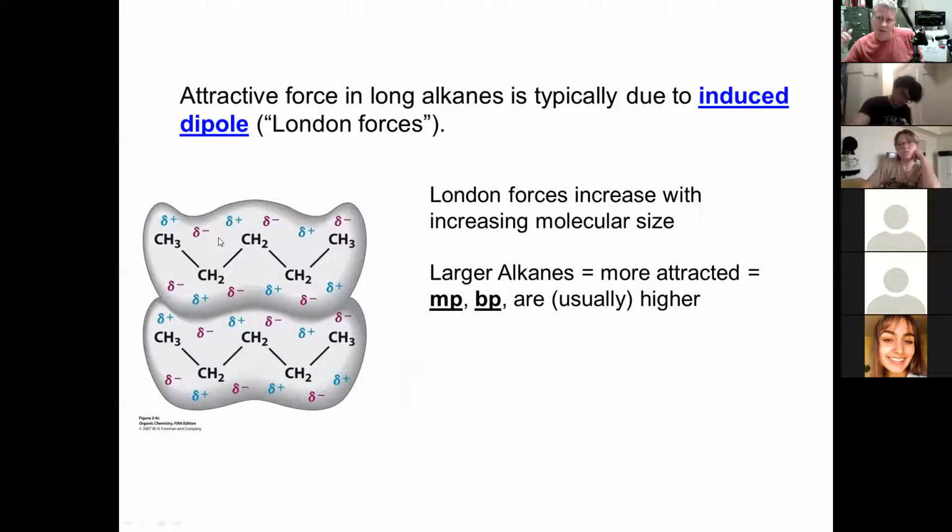And when is this the most profound? If you have a long stringy molecule, right? Lots of atoms in a row, you get more of these. And when is it less profound? When the molecules are branched, like you have all sorts of branching, the molecules then are more of a ball. And a ball type structure has less of this interaction. The best interaction is if you have long stringy things that can interact as a string, right?